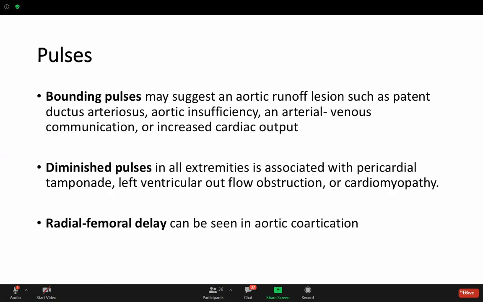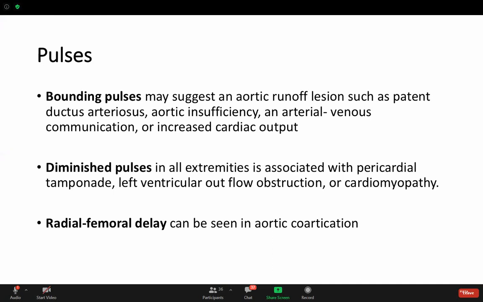الجروث شارتس خلصناها. البالسز زي ما شرحنا قبل في what we call الباوندينج pulse. شرحنا قبل وش ممكن يسبب لك باوندينج pulses. قلنا أي شيء يقلل الديستوليك زي الأورتيك insufficiency، أو أحيانا increased cardiac output. The bounding pulses could present in some congenital heart diseases اللي مطلوب منكم تعرفونها اللي هي PDA mainly.